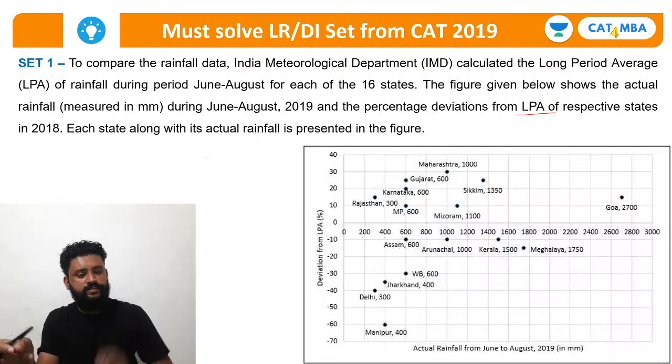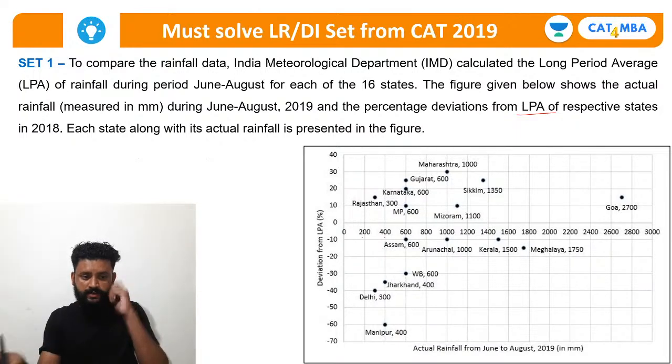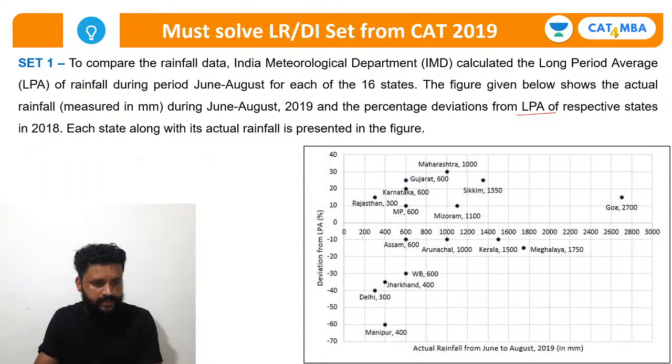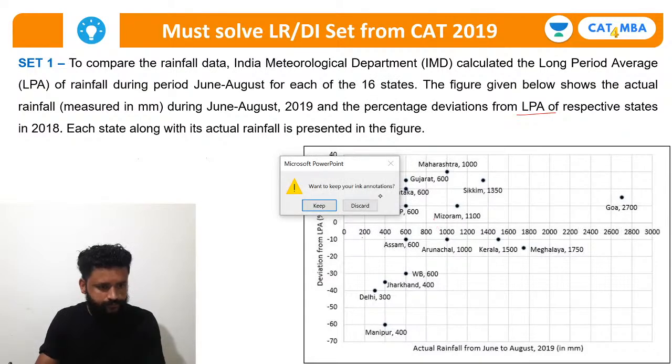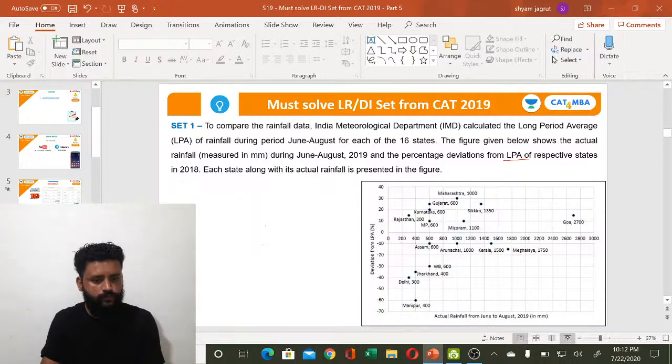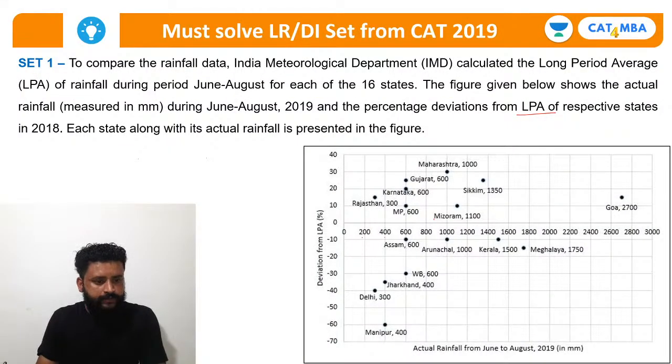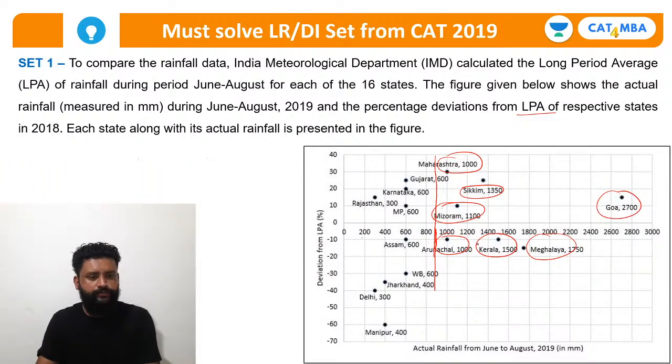So which are the states जहां पे 900 से ज्यादा एक्चुअल रेनफॉल है? देखो ये है 800, this is 1000. इस पॉइंट से आगे जो आता है वो, ओके, सो 900 से ज्यादा from here, महाराष्ट्र है, देन सिक्किम है, महाराष्ट्र है, देन मिजोरम, देन अरुणाचल प्रदेश, केरला, मेघालय, गोवा. ये है 1 2 3 4 5 6 7.